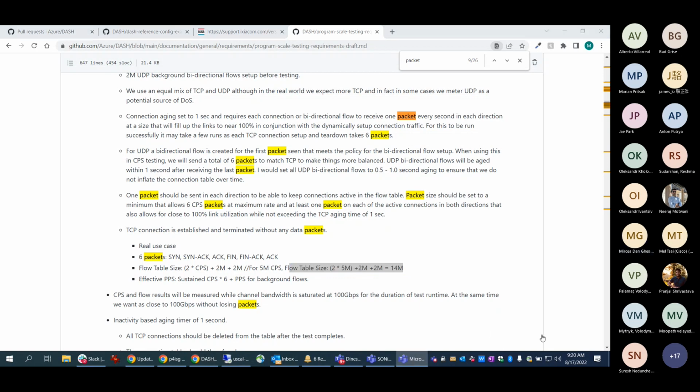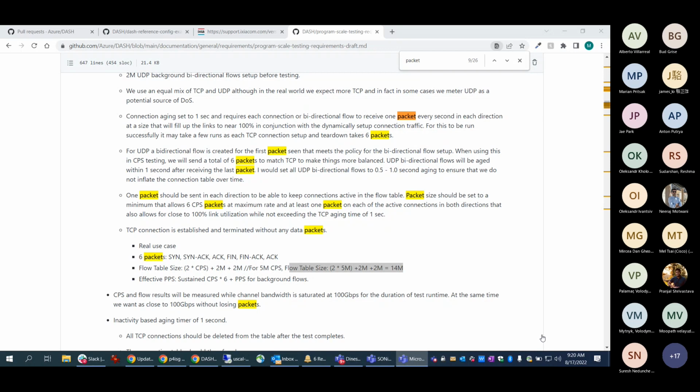I agree, but I think that should be tested by specifying what the flow lifetime is in conjunction with the aging time, and so you specify those and the flow table fills up. I guess my biggest issue is that I don't think you ever need keepalives for the CPS load.